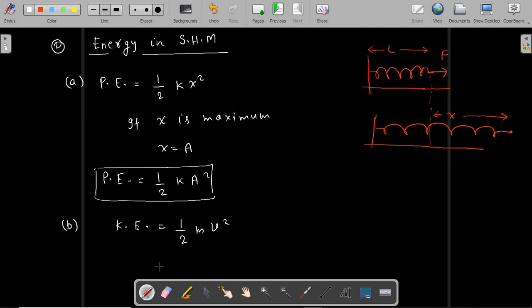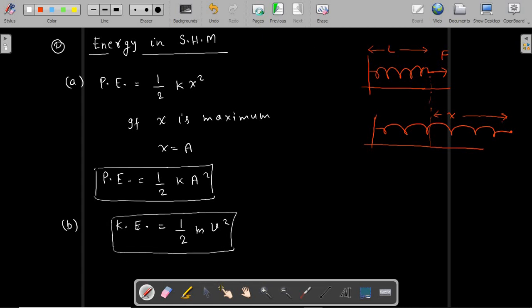Here v is the speed at which the point is moving. So kinetic energy is independent of x. That is the kinetic energy of the spring.